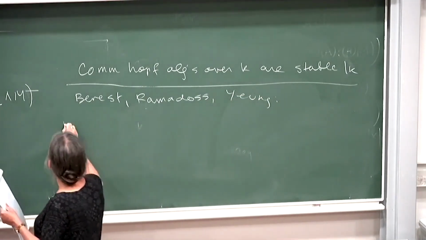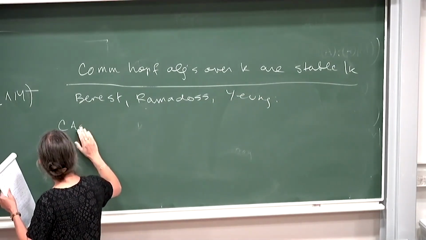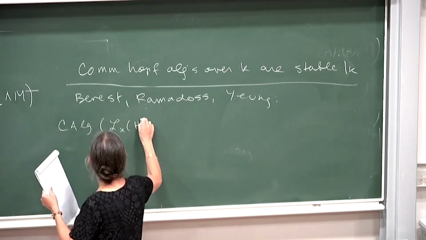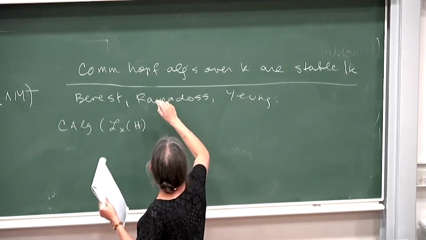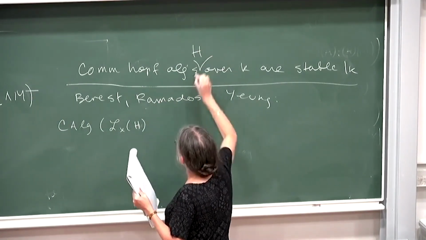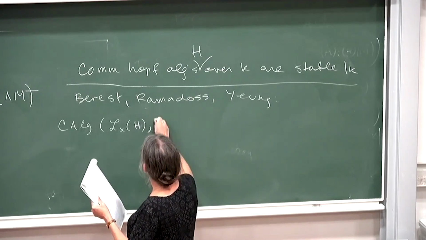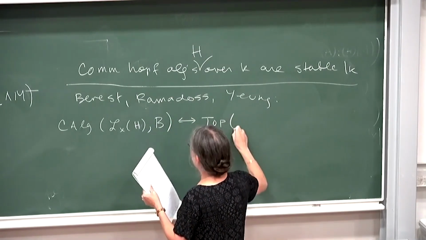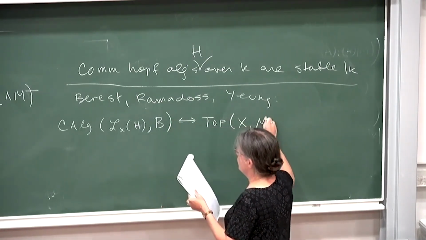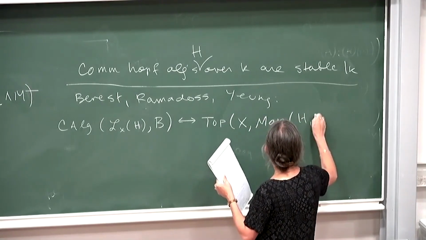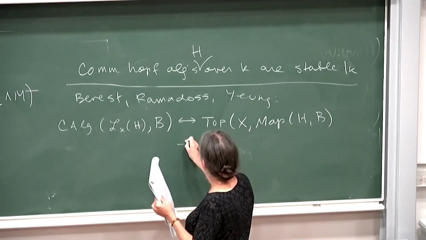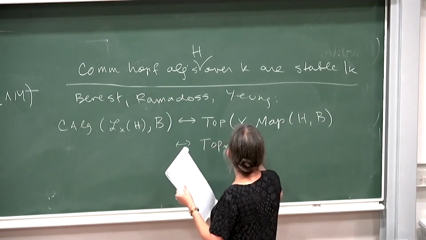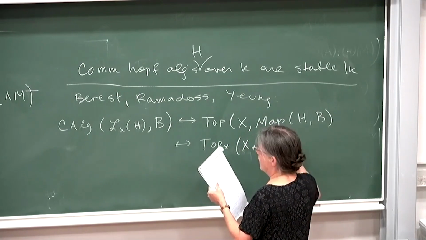And the idea there is, in general, the commutative algebra maps from L_X H, where H is the commutative Hopf algebra, and some other algebra B is in correspondence with the top maps from X to map of H, B, which, if I want, could be pointed top maps from X plus to map of H, B.